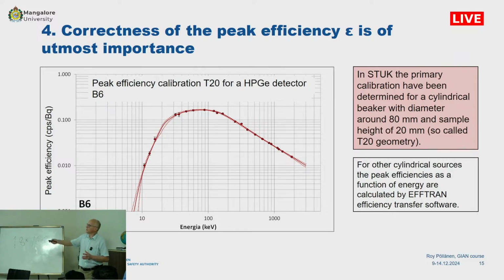So this curve is valid only for this geometry: beaker size like this, thickness like this, and there is practically water in that beaker. But I think that Avanes will explain this point much more in the laboratory session. So we do the same thing, extrapolation and then taking them. Yeah. I think today you're going to do that. Got it.